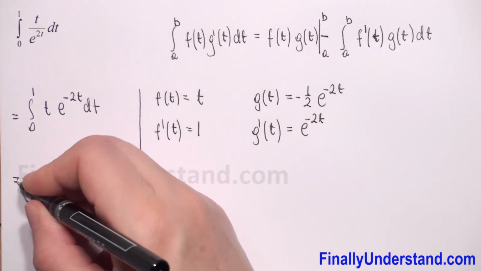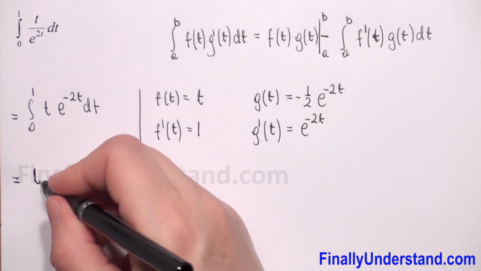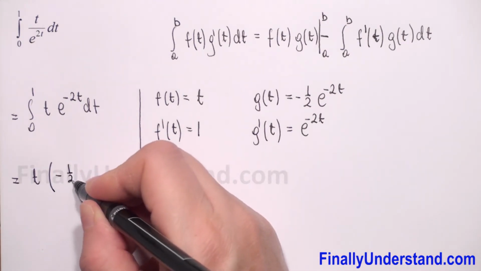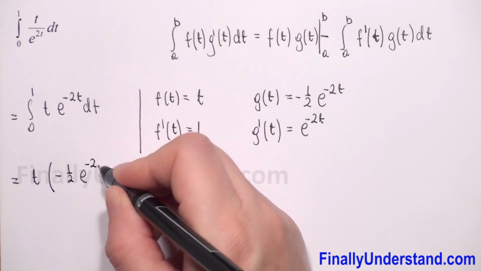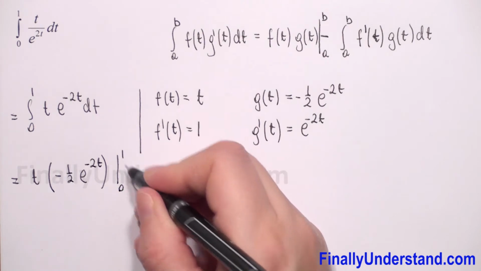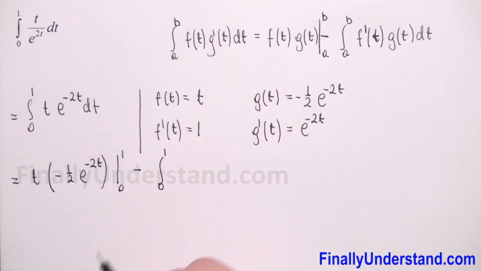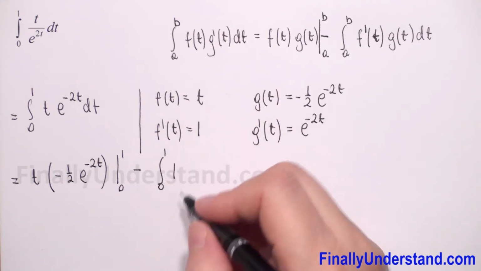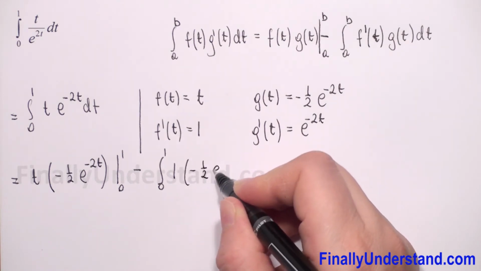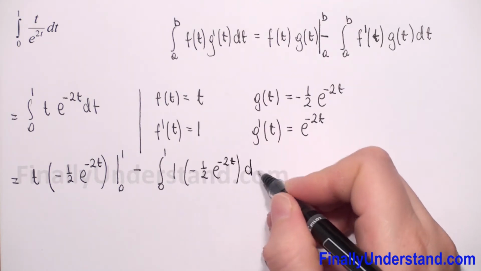So we have, this is equal to f times g, so it will be t times, in parentheses, negative 1/2 e to power negative 2t, with limits from 0 to 1, minus the integral from 0 to 1, f prime is equal to 1 and g is equal to negative 1/2 e to power negative 2t, with respect to t.